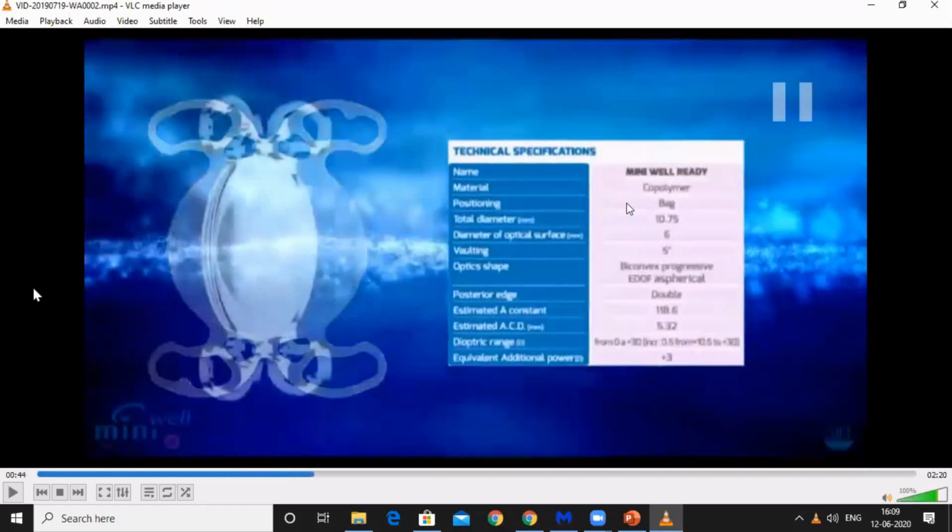Here, as I already told, this lens comes in a copolymer material, which has both hydrophilic and hydrophobic nature, and it also comes with a 5-degree vaulting.